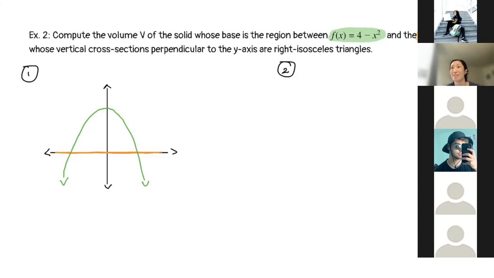Okay. All right, so horizontal because it says perpendicular to the y-axis. There it is, right? These cross sections are perpendicular to the y-axis, so I better draw them perpendicular to the y-axis.